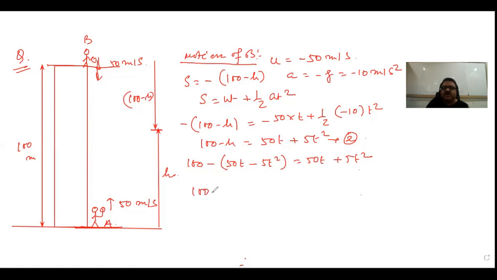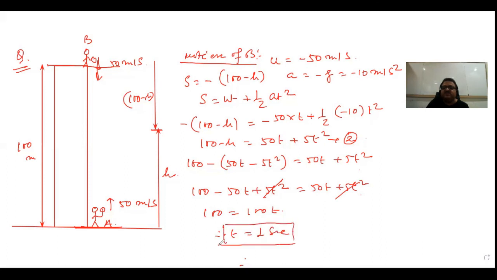So 100 minus 50t plus 5t square is equal to 50t plus 5t square. 5t square gets cancelled from both of the sides. 100, it is 50 plus 50, 100t. t is coming equal to 1 second. That means 1 second after throw, the balls will meet each other.